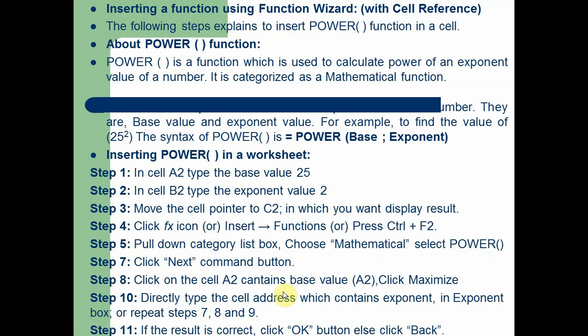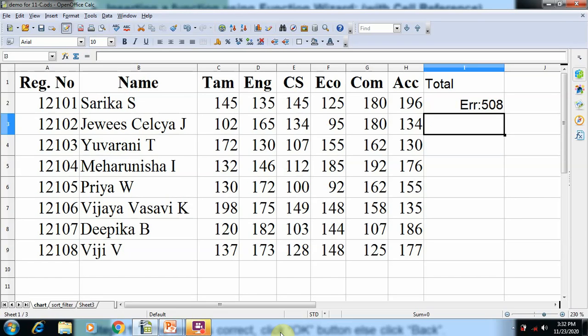From the next screen you can see there are two values, one is the base value, another is the exponent value. Select the base value, that is A2, and click the maximize button. After selecting the base value and exponent value, repeat steps 7 and 8. After giving the required input, when you press the OK button, you can see the result.